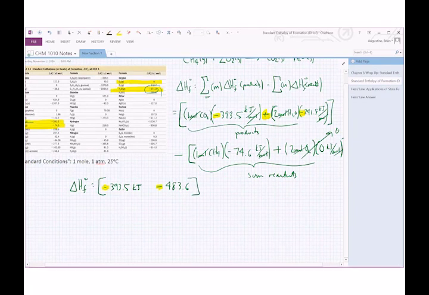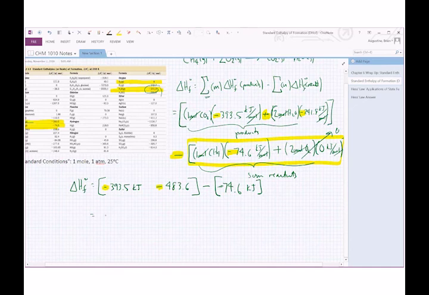Now, I've got a negative in front of this entire thing, but the term inside is a negative. So this is like minus minus 74.6. A minus and a minus, so be careful about this. This is minus 393.5.